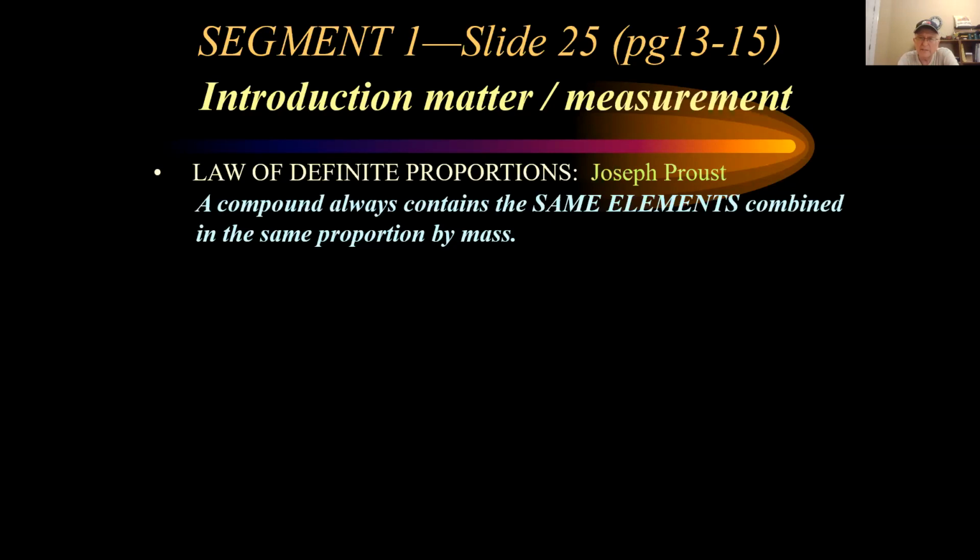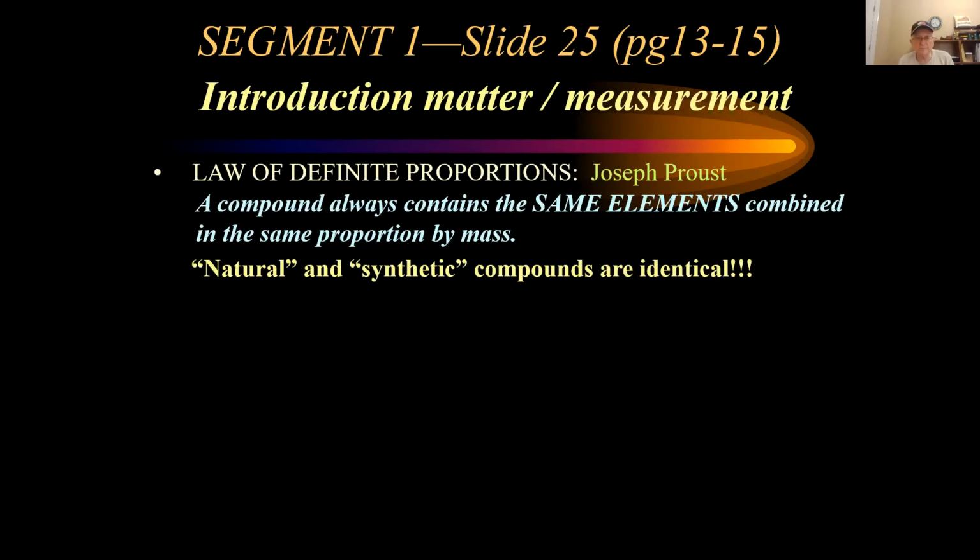Proust looked at that and saw a relationship that was testable: a compound always contains the same elements combined in the same proportion by mass. We'll be doing a lab experiment like that later.